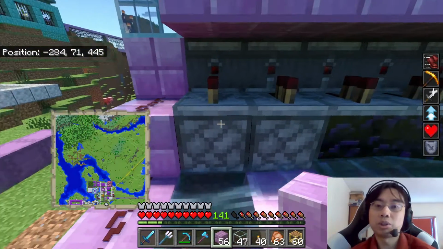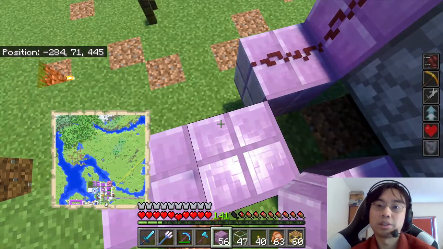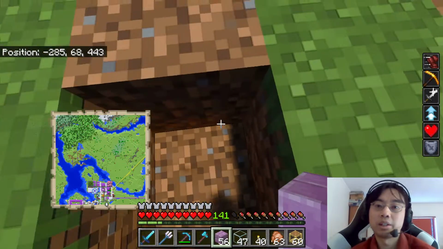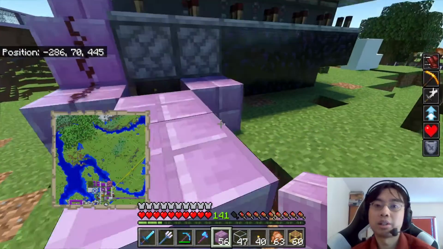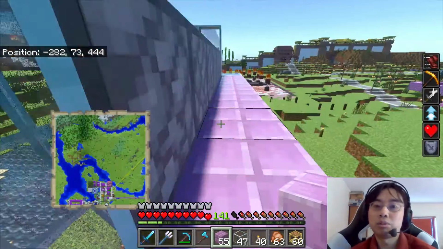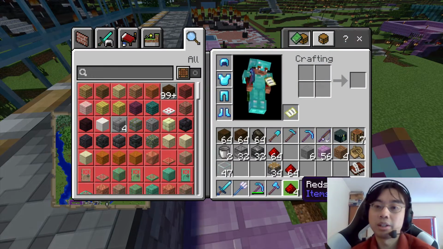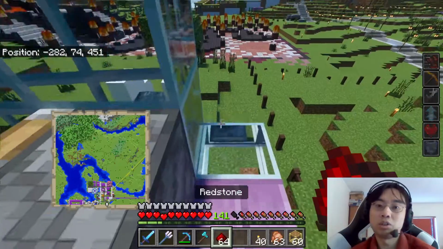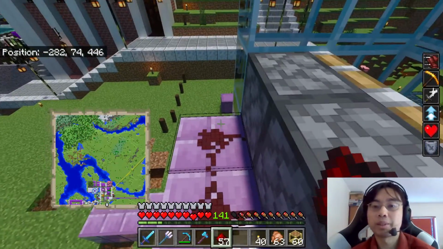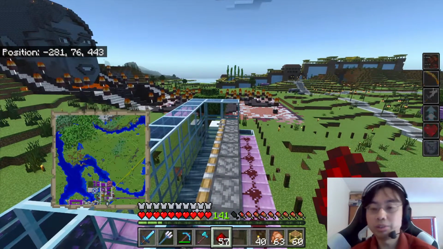Interesting. The water doesn't wash out the repeaters. Right, so we have to... The clock activates these 2. The lava is gonna be at this level.